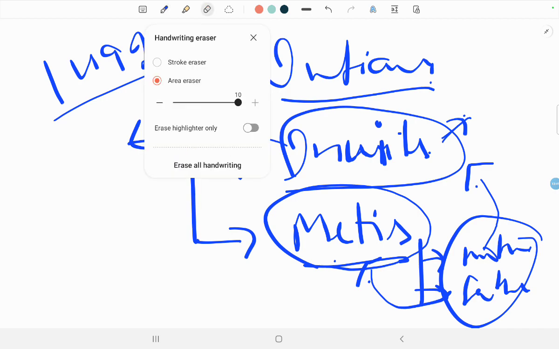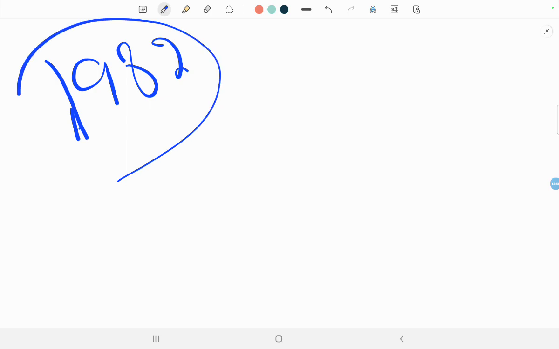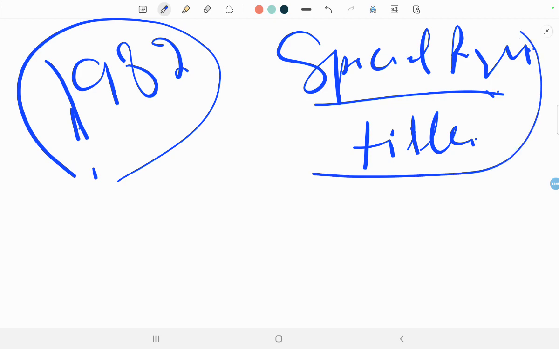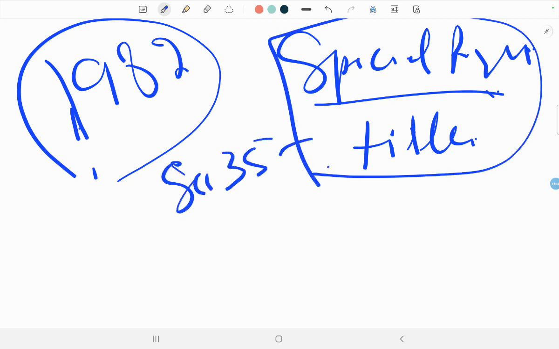Thereafter we came to know who are Indians and who are Aboriginal peoples. Now in 1982 the Canadian Constitution Act came into force. Special rights and titles are given to Aboriginal peoples under section 35 of the Canadian Constitution Act.